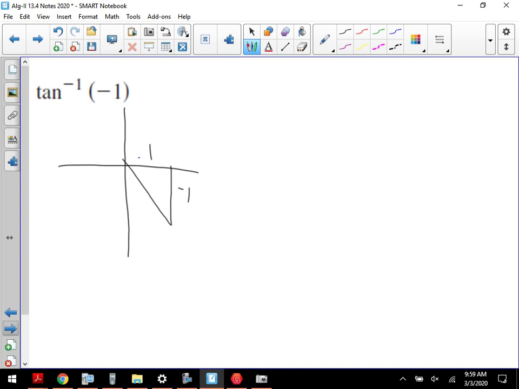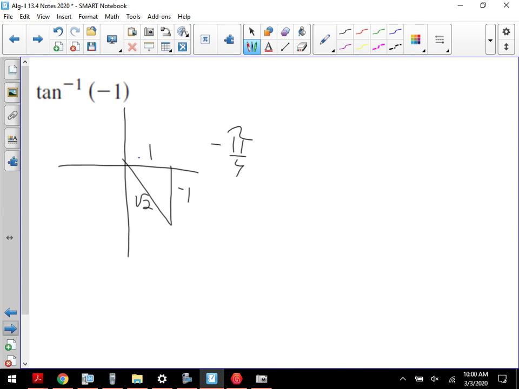Yes. Means this is my √2. What angle does that happen with? 45. But I'm in the fourth quadrant, and I've dropped it down. And remember, tangent is between pi over 2 and negative pi over 2, so my answer would be negative pi over 4.